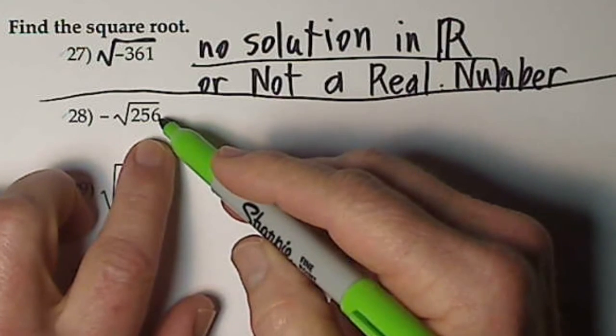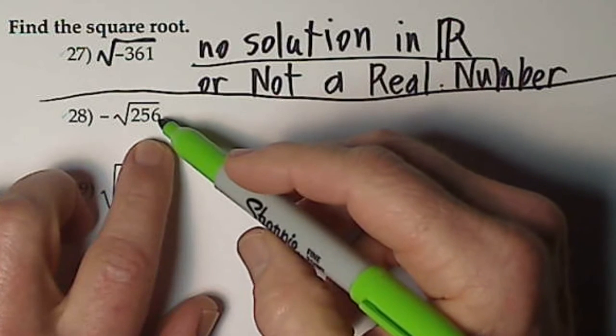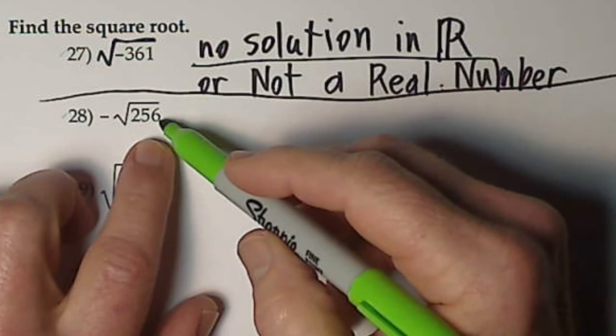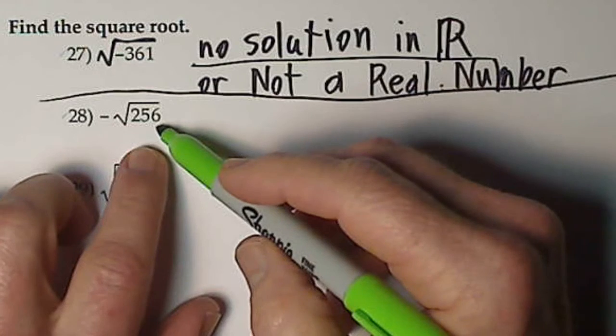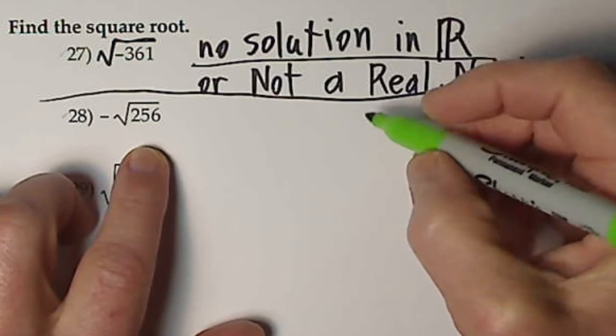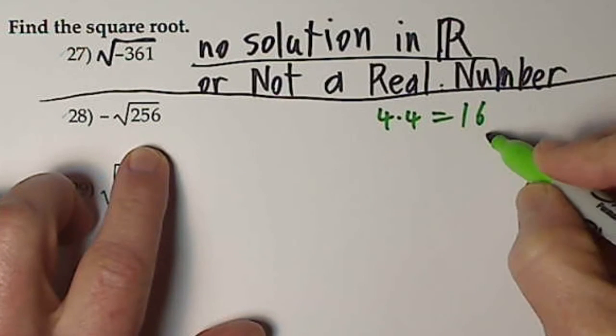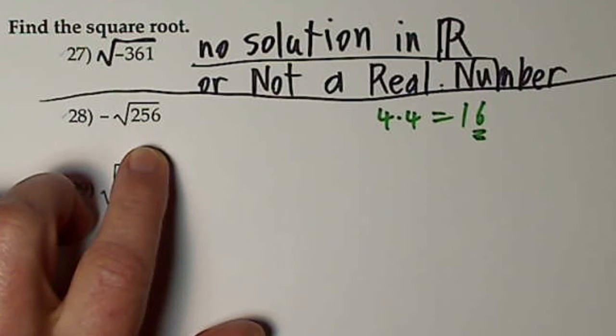If it was 1 times 1 would end in a 1, 2 times 2 would end in a 4, 3 times 3 a 9, 4 times 4 would end in a 6, right? Because 4 times 4 is 16, so it ends in a 6.